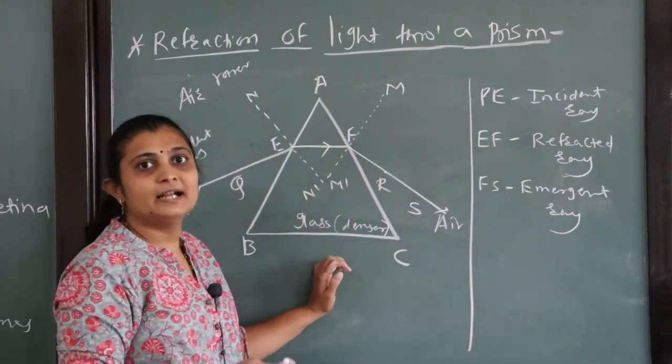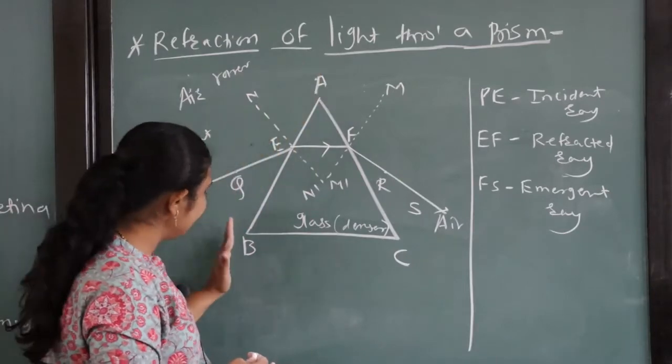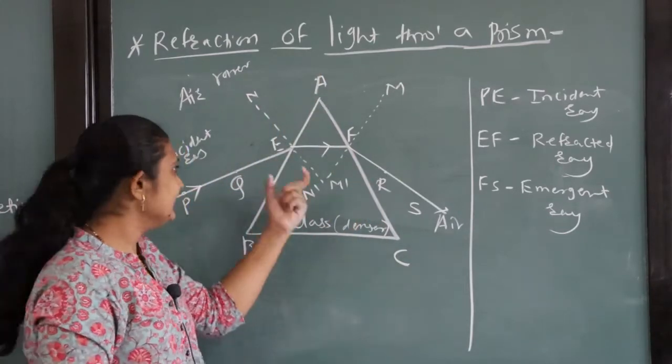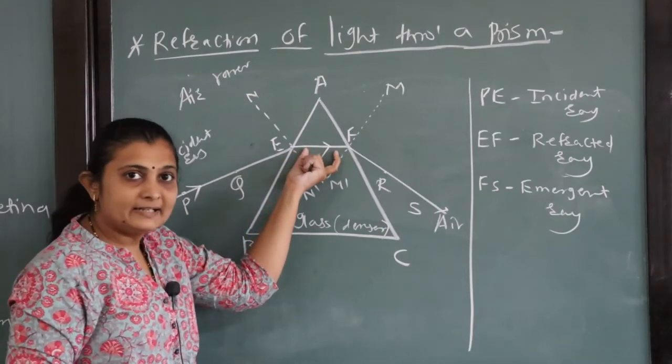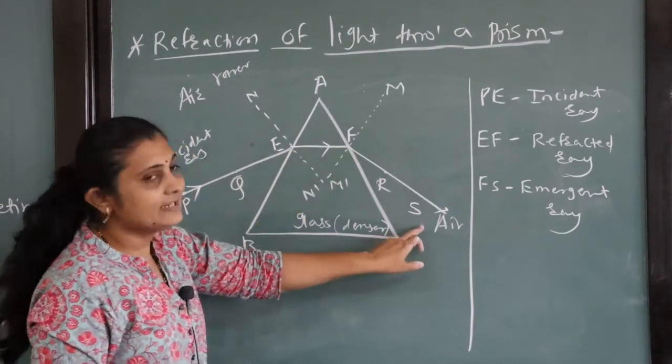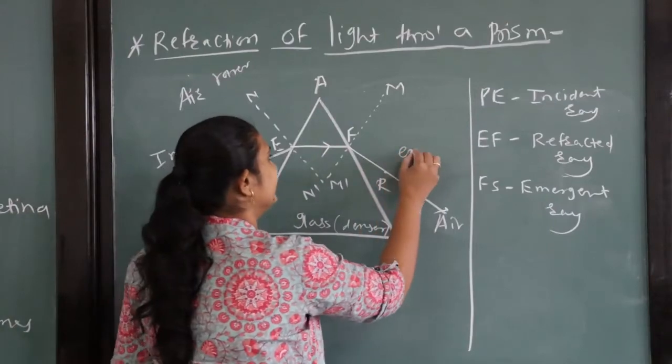From the prism there are two refractions, from the surface AB and from the surface AC. This is the incident ray, this one is the refracted ray, and FS is an emergent ray.